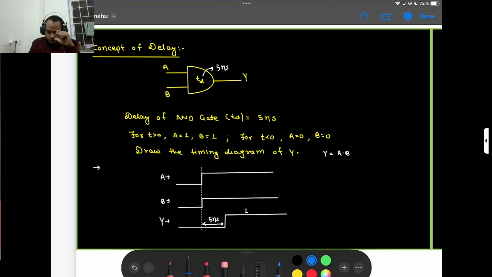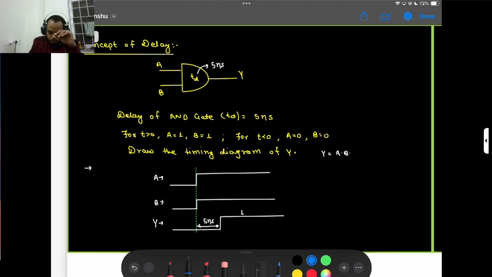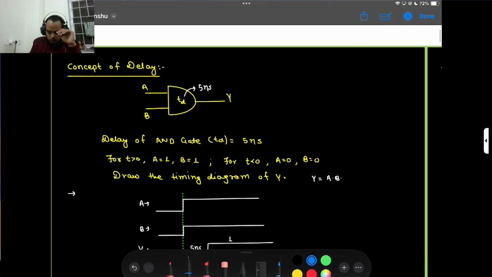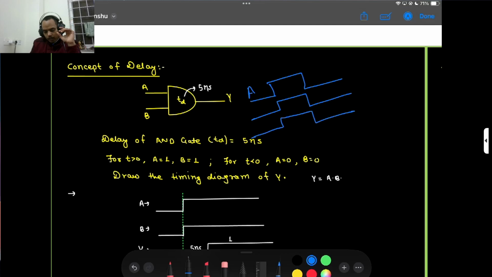Concept of delay. Take a 2 input AND gate with inputs A and B. If the gate is ideal, there is no delay. Suppose both inputs A and B turn on at the same time, then my output should be like this for the ideal case.